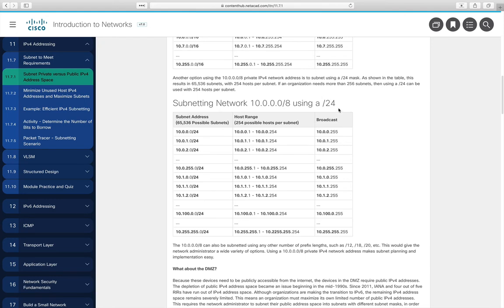So our /8 becomes a /24. And within these 2 bytes, we count 0, 1, 2, all the way up to 255. And then we go 1.0, all the way to 255. And then 2.0. So we basically count with the 2 full bytes.